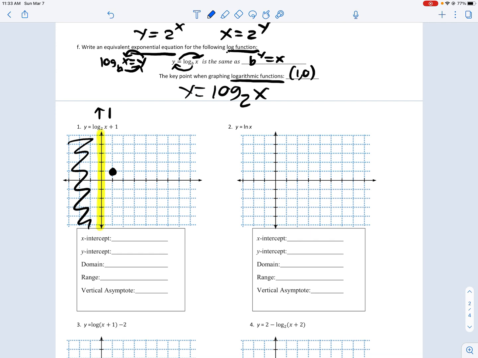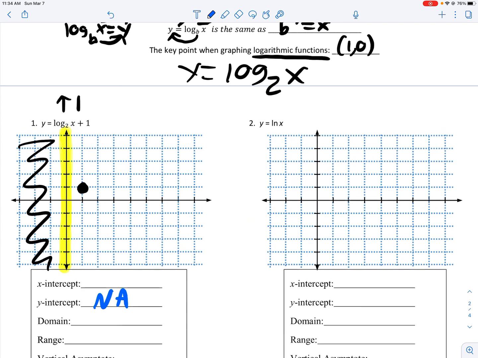Okay, so that means there will not be a y-intercept because the graph has just been shifted up 1. So I need a couple other points. So let's plug a couple points in. Let's plug in, let's say 2. So log base 2 of 2 plus 1. So this is where it gets kind of tricky because you have to remember this is a mathematical operation.